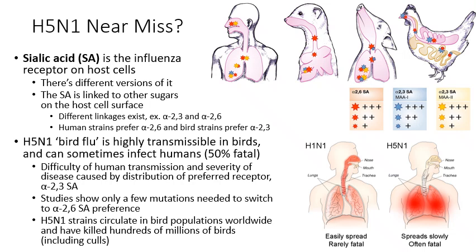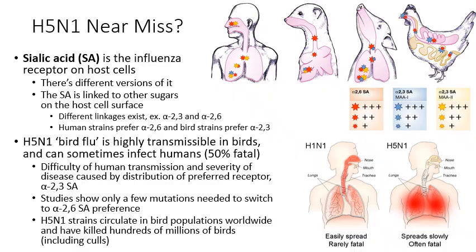All flu strains will actually use a molecule called sialic acid as their receptor, but there's different versions of sialic acid on cells. And different strains of the flu will be able to recognize one version of sialic acid better than another. So that's the difference between those flu strains and their receptors.